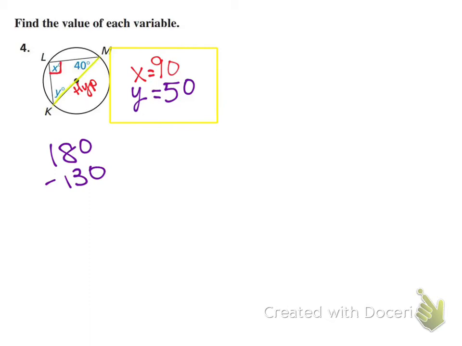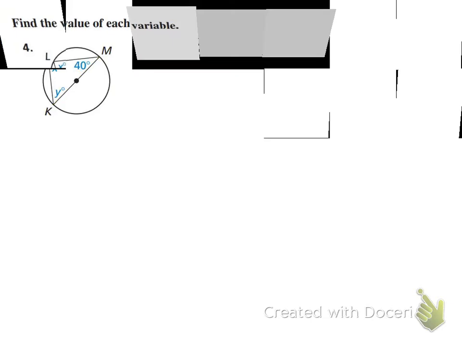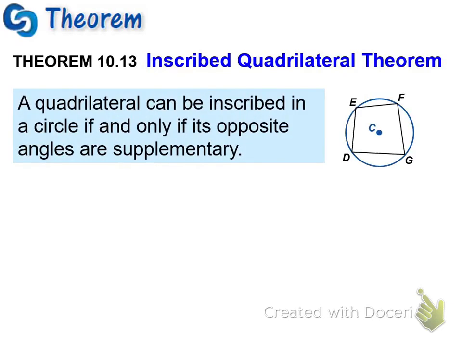This next part is not hard at all. And if you get it wrong on a quiz or a test, it's because you didn't look back at it. It's talking about inscribed quadrilaterals. I haven't turned the screen, but you can go back to the second page. What is a quadrilateral? Has 4 sides. So inscribed means it's inside of a circle. Here's what happens. And you're going to highlight it. I think as well, write it down.